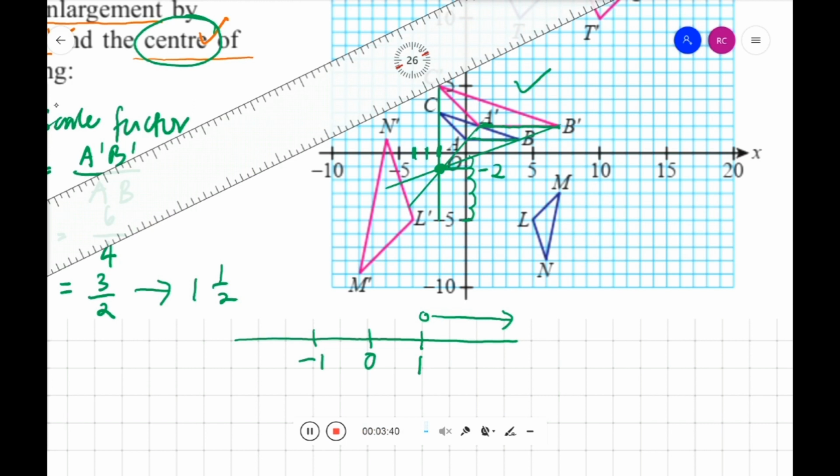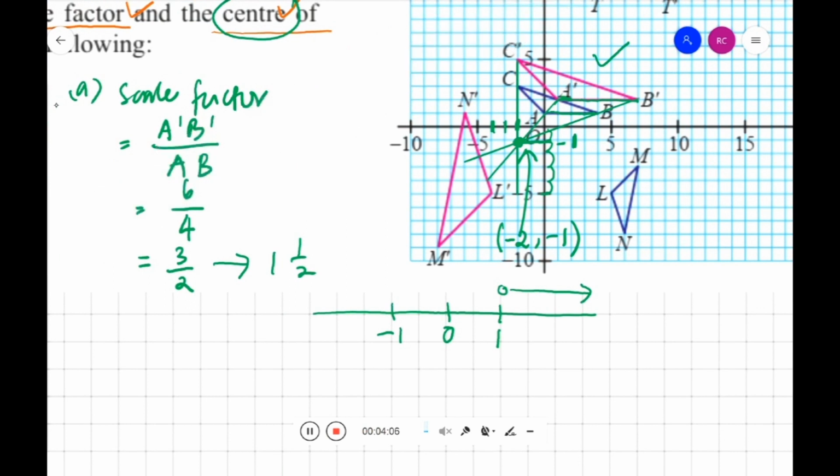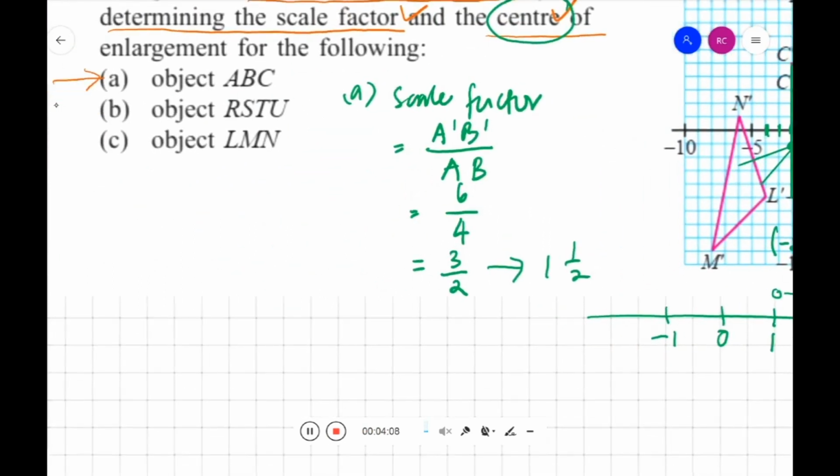So the coordinate that we found out for this one is actually -2. Oh, sorry. This is not -2. This part here is less than -2, so it's supposed to be -1. Okay, so -2, -1. Okay, so we found the center of the enlargement already. Therefore, we can continue with our description over here, how to describe the enlargement.